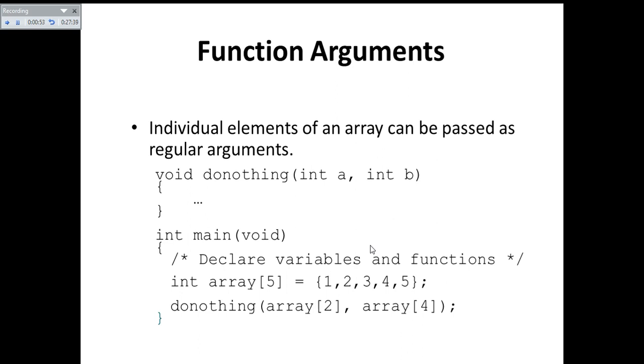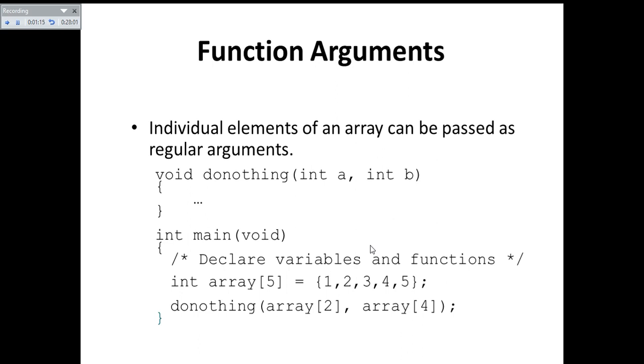So what you are ultimately going to pass, in place of a, is array of 2, that is 3, and in place of b you pass array of 4, that is 5. Array of 2 is 3 and array of 4 is 5.